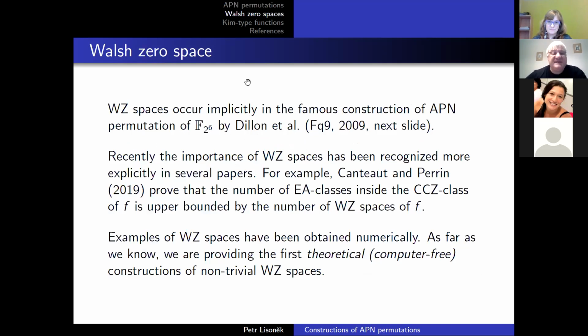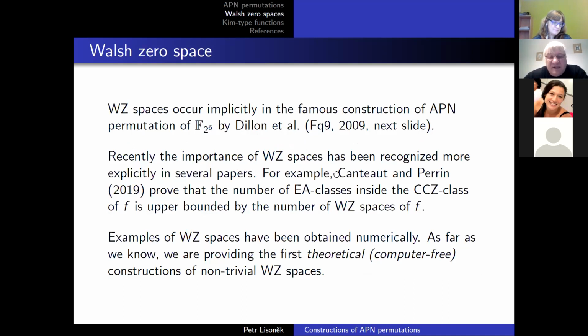Those Walsh zero spaces occurred implicitly earlier in the literature, but they have been explicitly used as such only, I would say, recently in the last few years, but the importance was recognized.